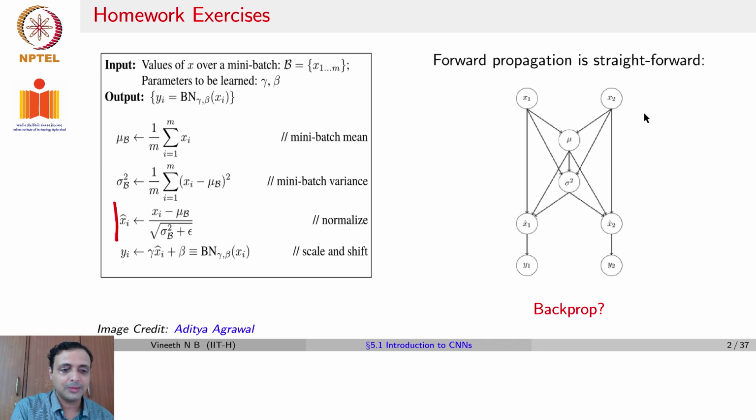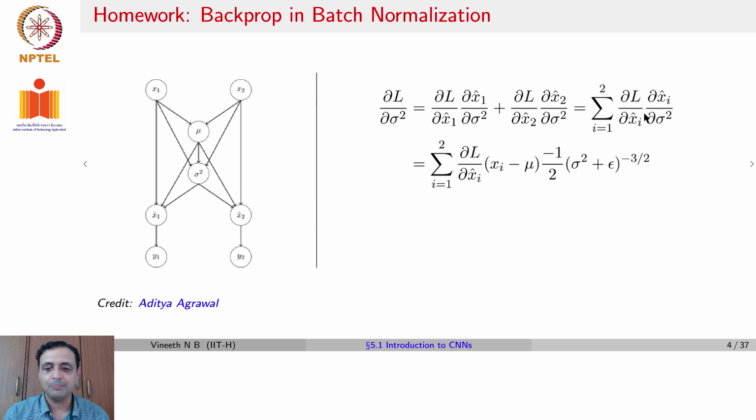So xi hat is given by this term here. So the gradient ∂xi hat/∂σ just follows the gradient of this particular term, which can be written as (xi minus mu) into minus half into (σ² plus epsilon), which would have been the denominator, into minus 3 by 2.